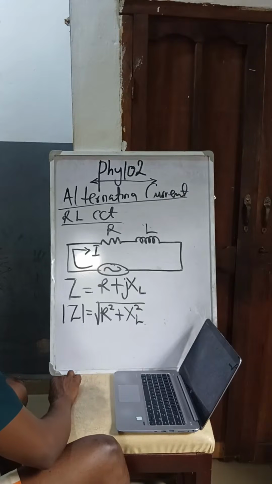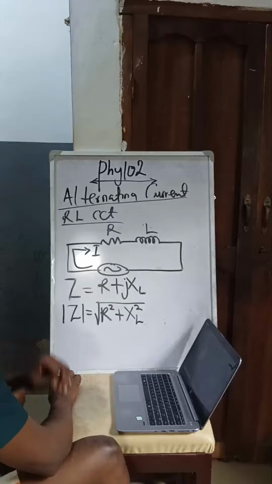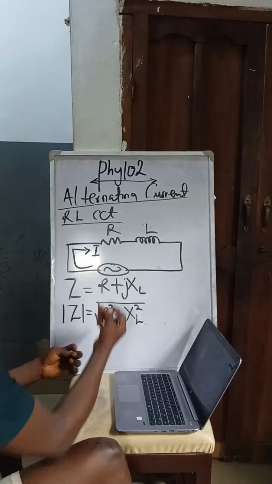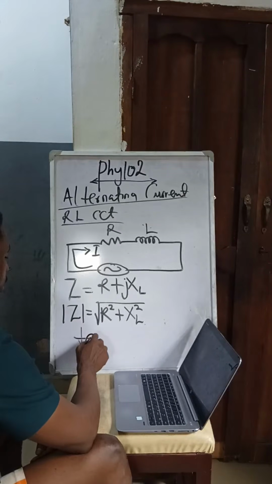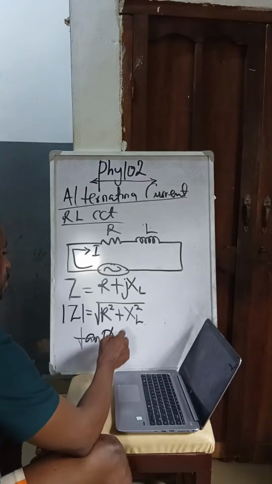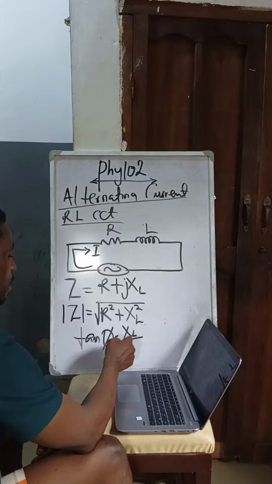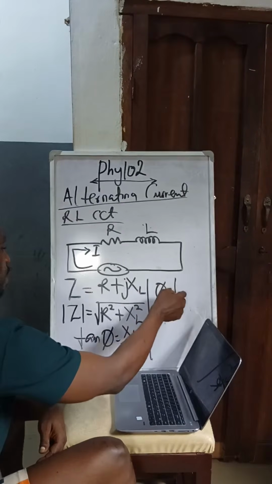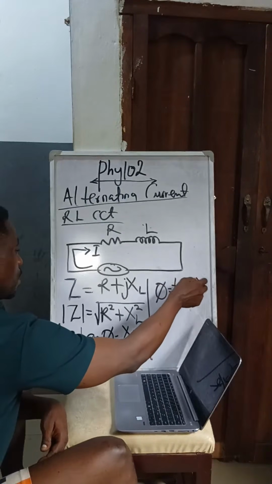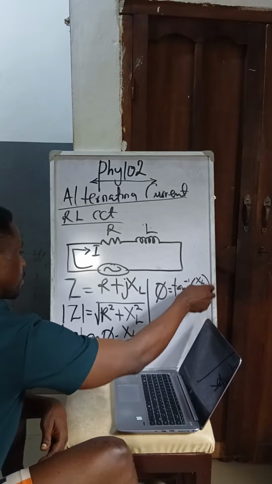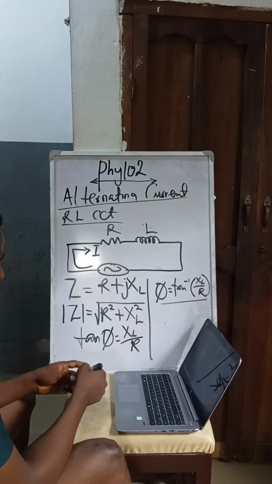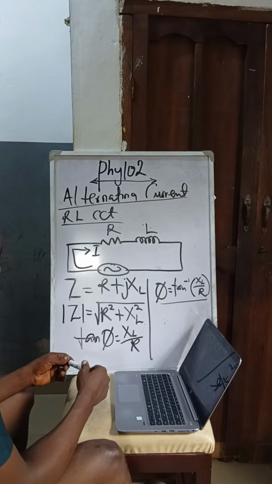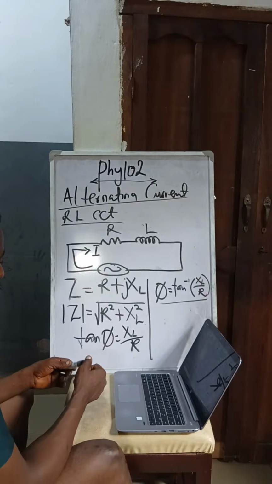All right, I hope it's clear. Because from here we can say phi is equal to XL all over R. Phi is equal to tan inverse XL over R. So this is all about RL circuits in series.